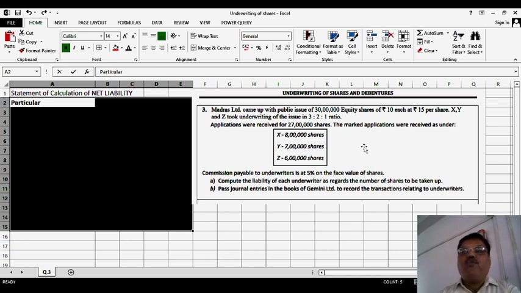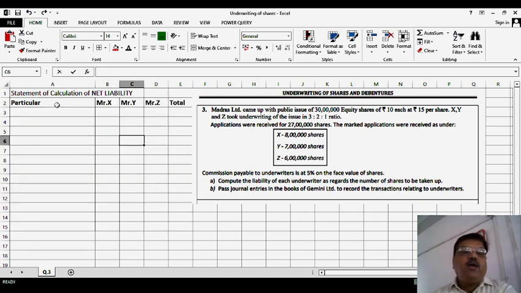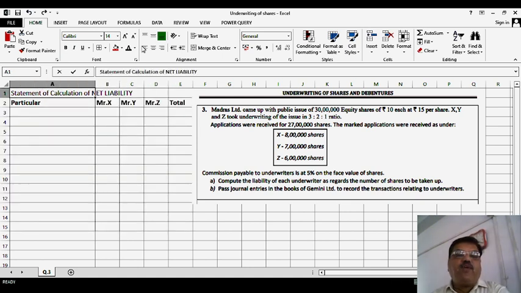I'll read this question for you. Try to understand that question first, and then we will solve that question and calculate this statement of calculation of net liability. This is the third question. Madras Limited came up with a public issue of 30 lakh equity shares of rupees 10 each at rupees 15 per share.